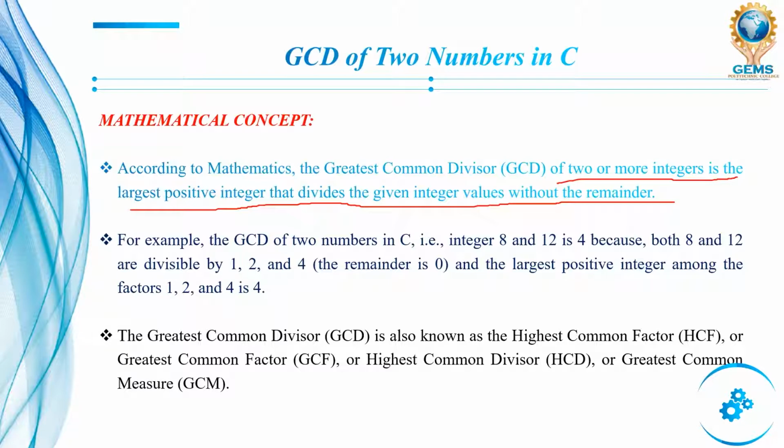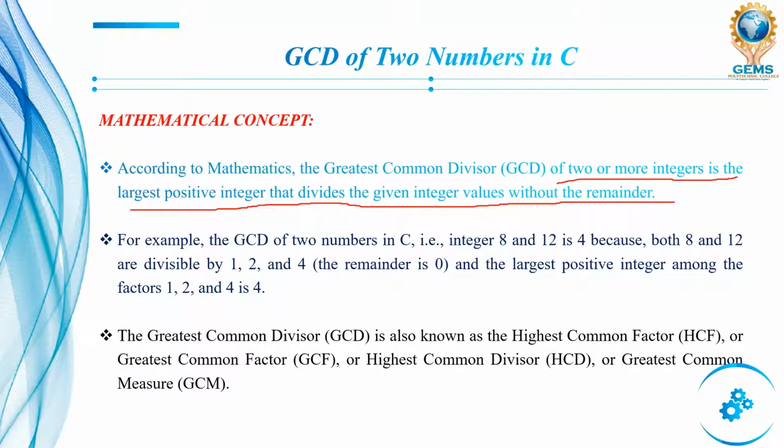Dear students, according to mathematics, if you want to find the GCD of any two numbers, then we will have to find the factors of the two numbers, and among the common factors of the two numbers, we will select the largest positive factor, and that becomes the GCD of the two numbers.